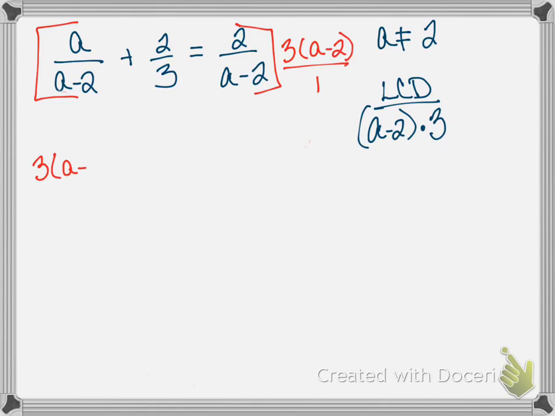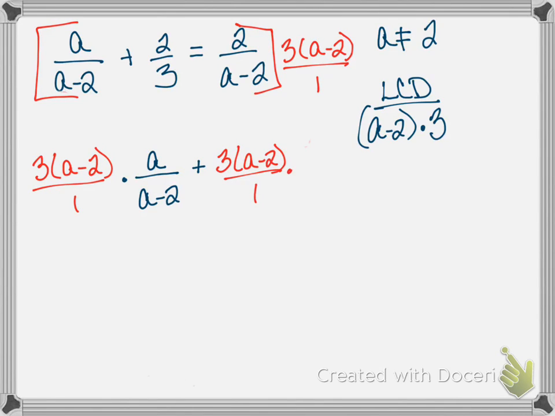Okay, so I have 3 times A minus 2 over 1 times A over A minus 2. Then I have 3 times A minus 2 over 1 times 2 over 3.